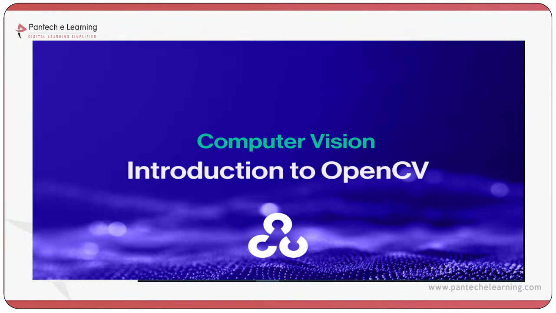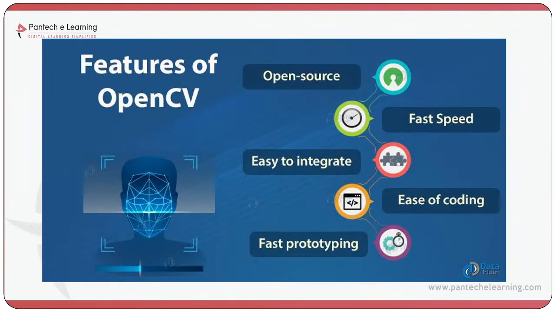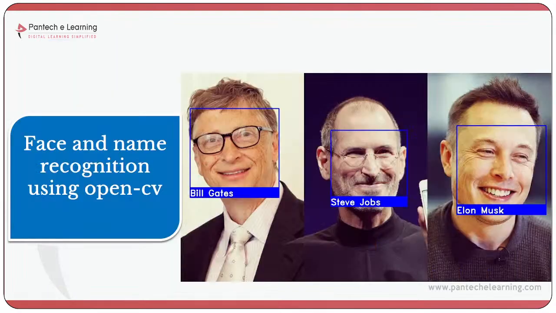OpenCV capabilities: image processing, video processing, resizing the image, and object detection. Features of OpenCV: it is open source, it is fast, suited to different types of applications, easy to integrate, easy to code, and fast for prototyping.